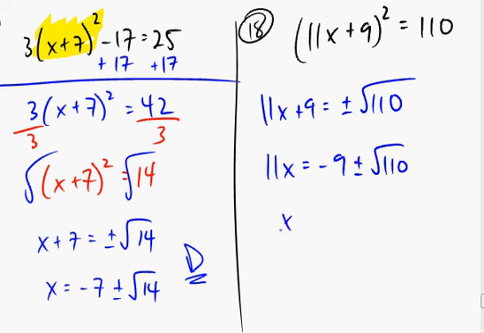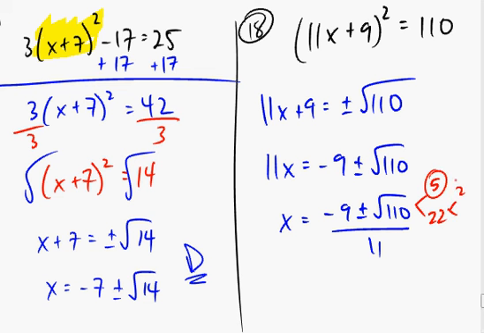Divide by 11, and you get this. That is C. You should maybe try to look for the doubles. Factor this if possible. 5 times 22. That's 2 and 11. There's no prime doubles here, so okay. What letter is this one? C. C.